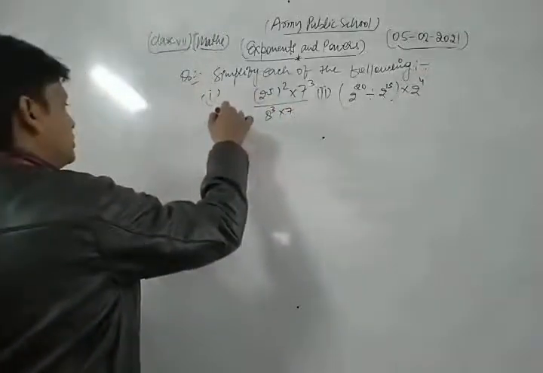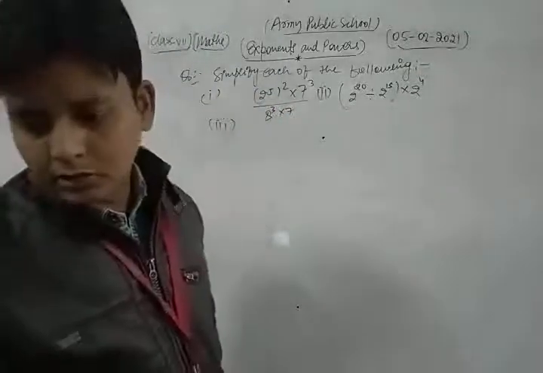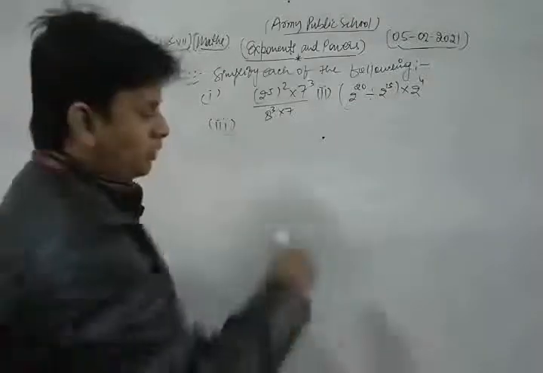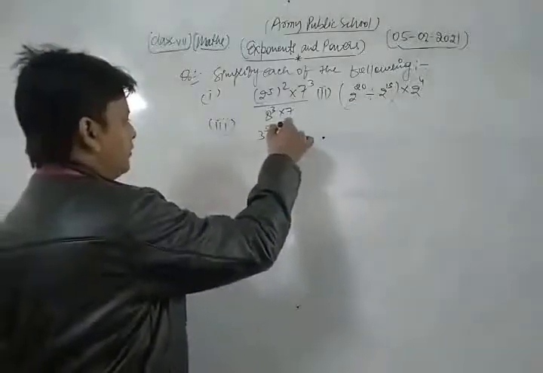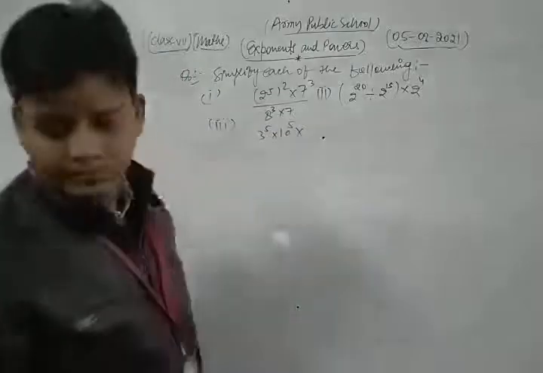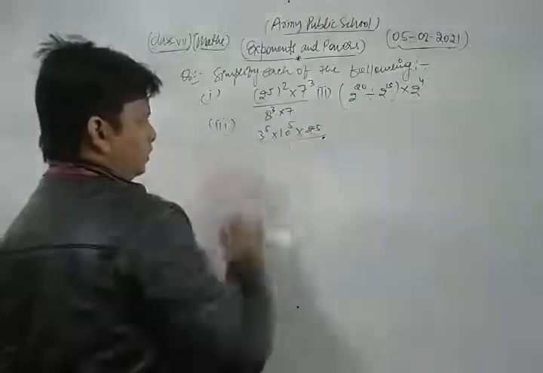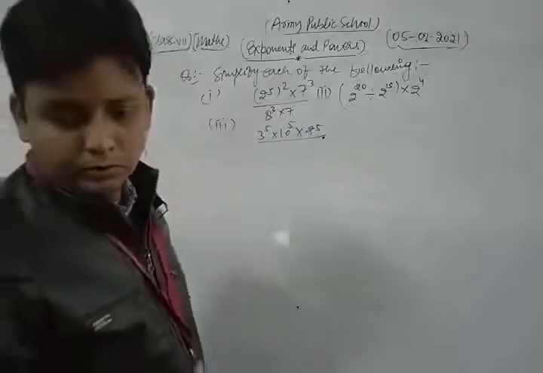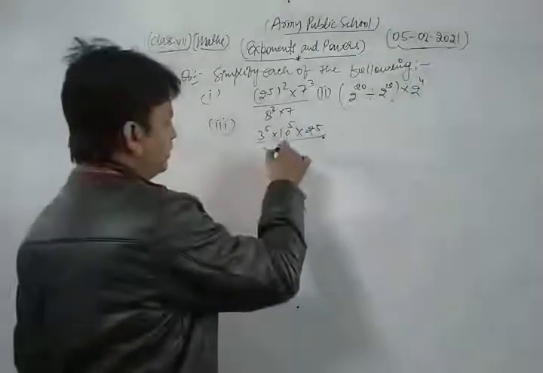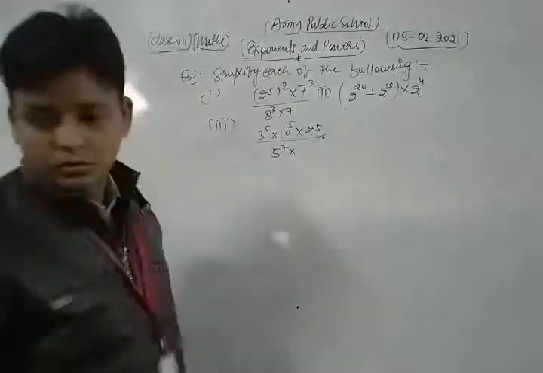Third part of this question is, dear students, 3 power 5 into 10 power 5 into 25 upon 5 to the power 7 into 6 to the power 5.